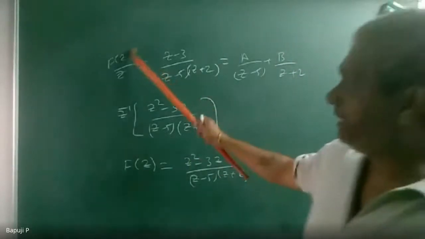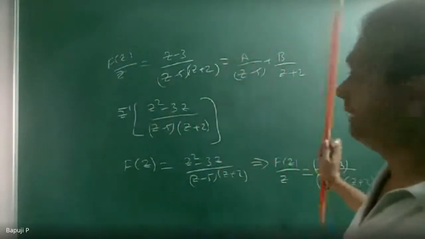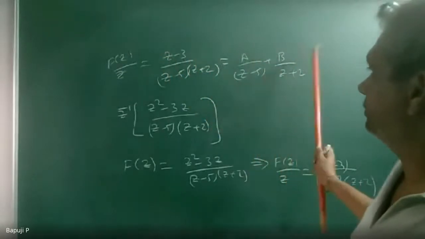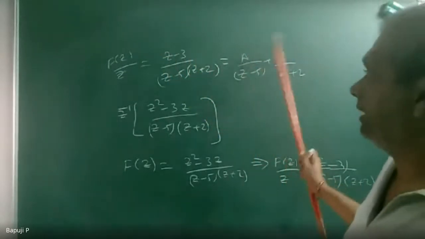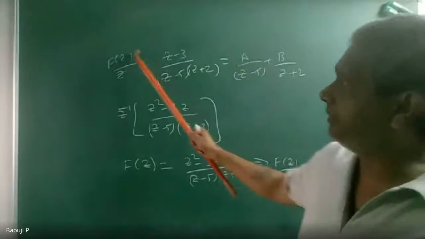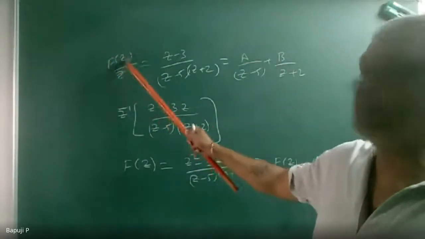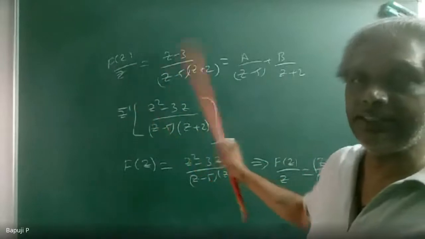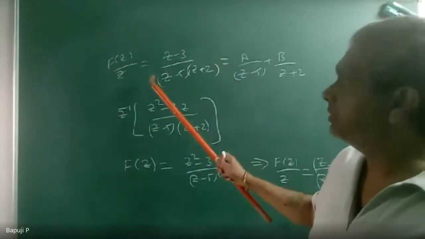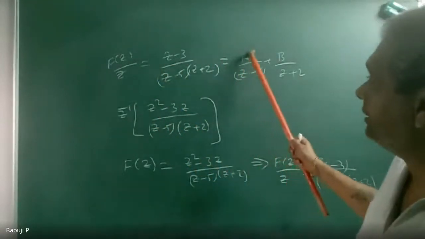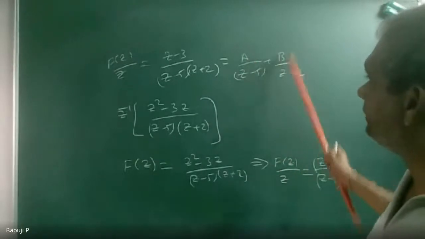See, F of z by z I will prepare, and I will get the A and B values. Once I have A and B, I want to find the z inverse of F of z. For my convenience, I am writing F of z by z. Again, I have to take z inside. So I will get A into z by z minus 5, B into z by z plus 2.